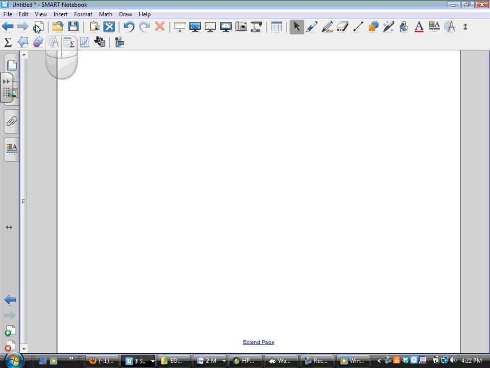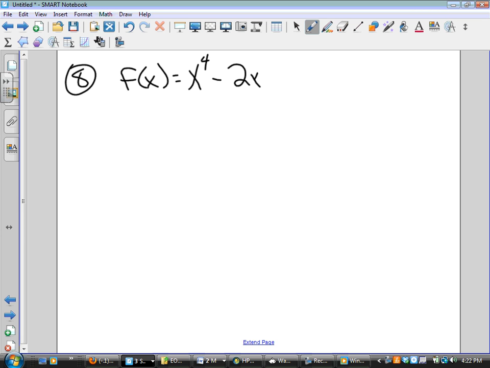Okay, number 8. Number 8 is asking for several things, but the function that we're dealing with is a 4th degree polynomial, and the degree of the polynomial is important, and you will see how that comes into play here in just a moment. So as I'm looking at this function, the first thing going through my head is I see x's in everything.